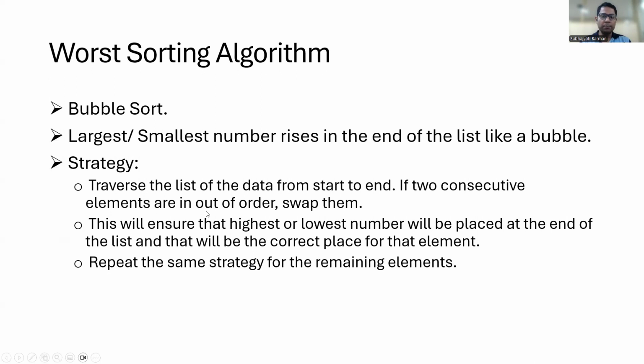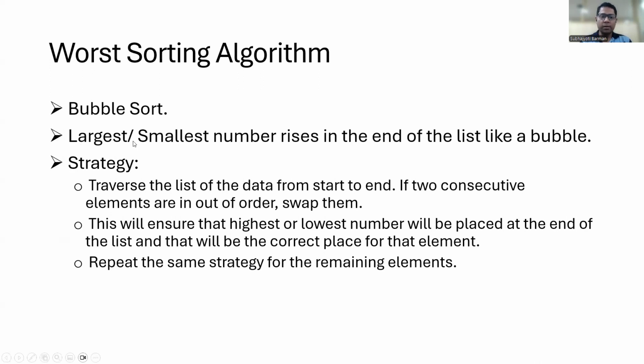This algorithm basically places the smallest or highest element in the last position. This smallest or highest element just passes as a bubble, so that's why the name bubble sort is given to this sorting strategy.